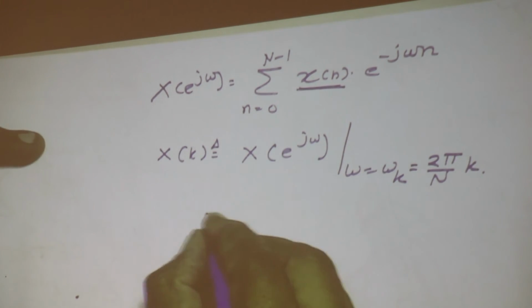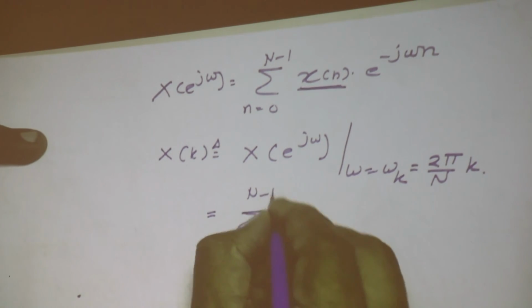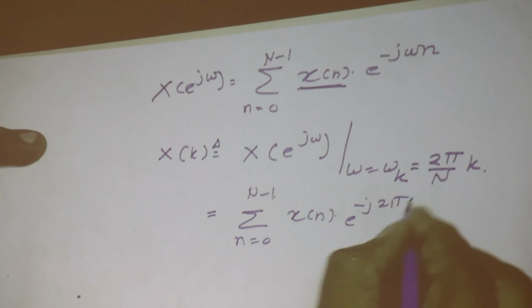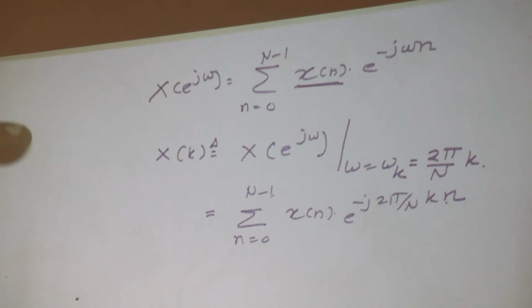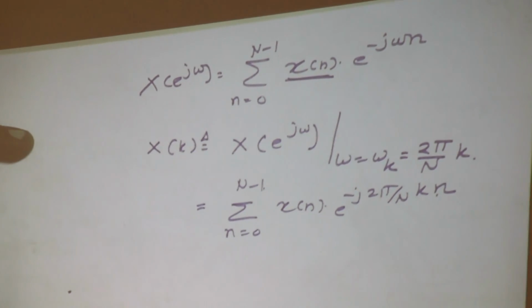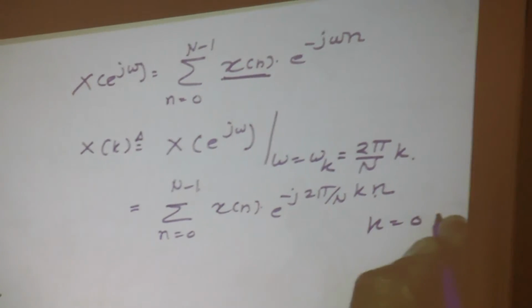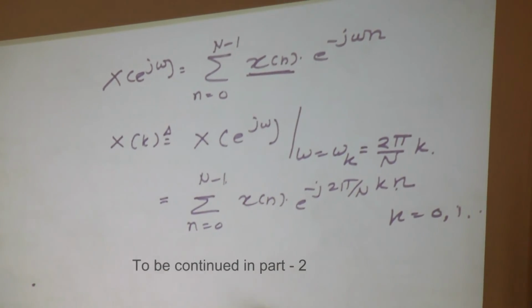So this equation becomes X[k] is equal to summation n going from 0 to N minus 1 x[n] e to the power minus j 2 pi by capital N times k times n, where k is also going to take a value between 0 to N minus 1. And what is this?